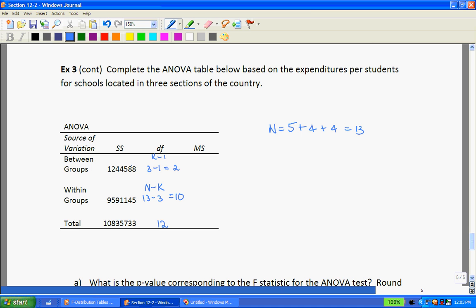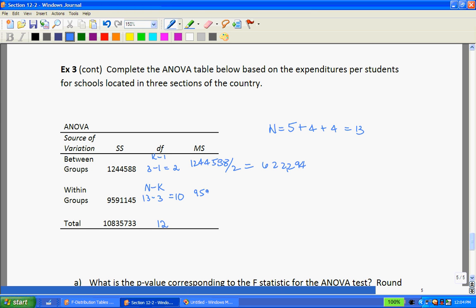All I have to do is take the sum of squares divided by the degrees of freedom. So for MS between, this is going to be this very large number here, divided by 2, and I get 622,294.